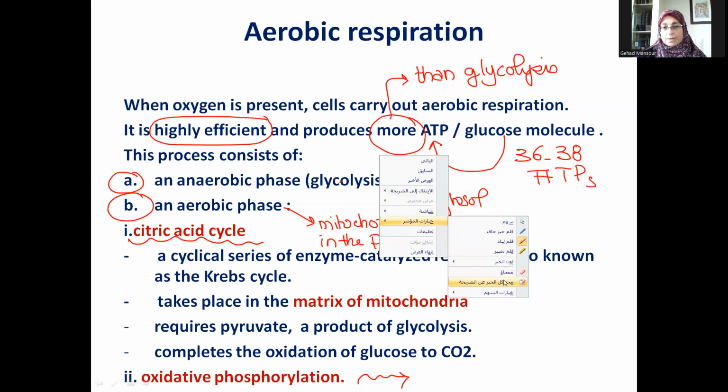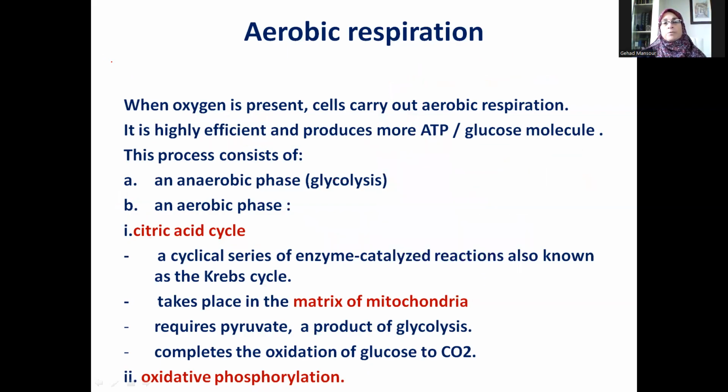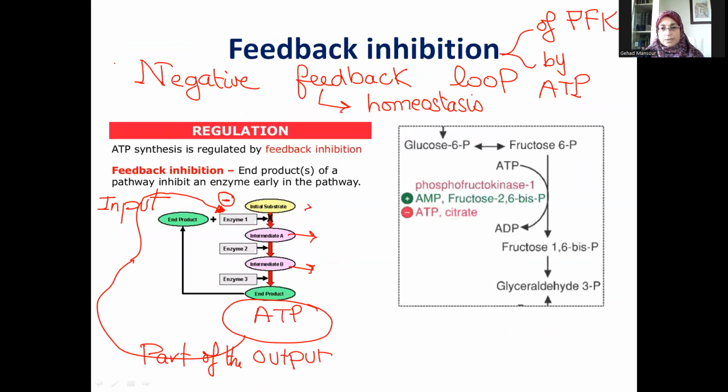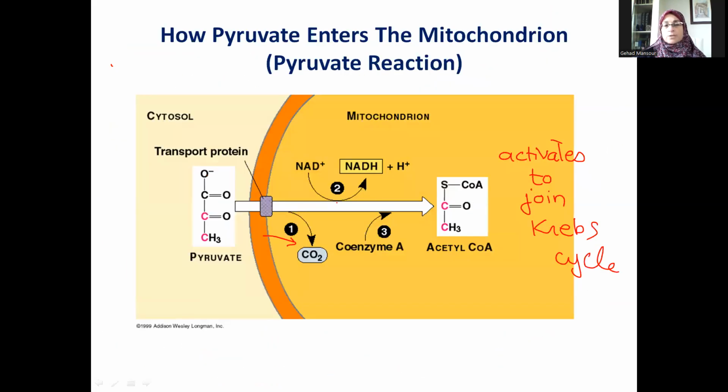But before moving on, let me explain what happened to pyruvic acid. What happened to pyruvic acid was called oxidative decarboxylation. Why oxidative? Because we removed hydrogen from the pyruvic acid and converted it into the acetyl radical.